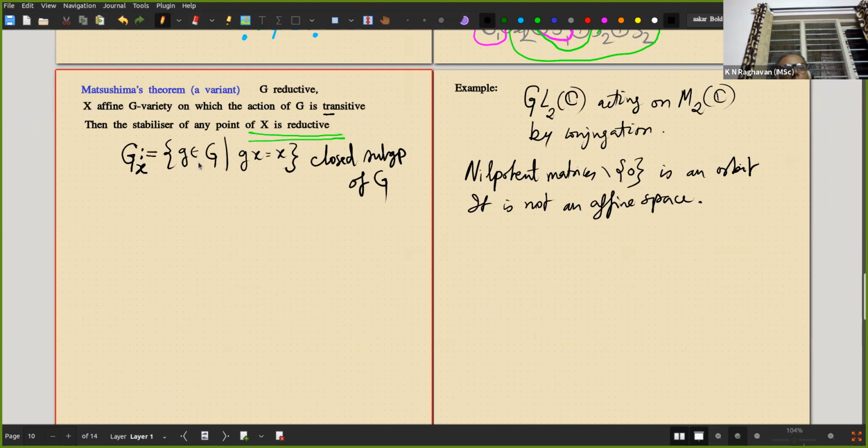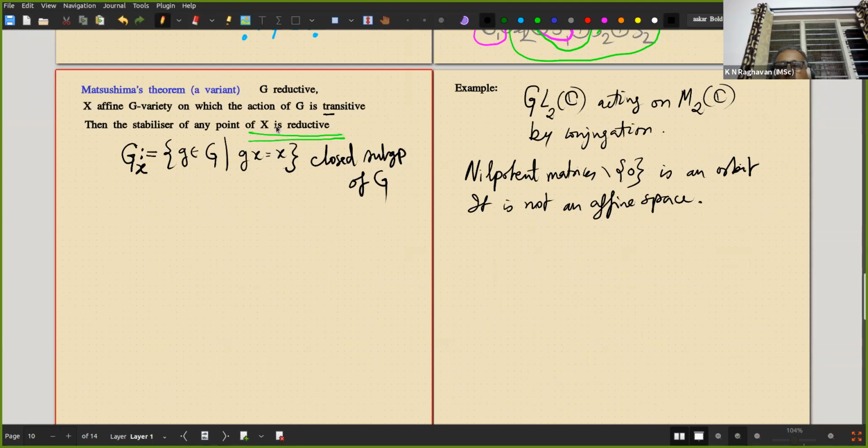That's the statement: if the action is transitive on an affine variety, then the stabilizer is reductive. So that's the statement, and I guess it becomes quite important.